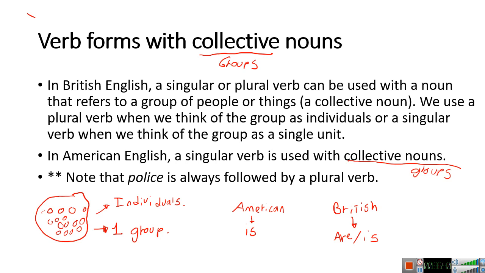Note that police is always followed by a plural verb. That means a plural verb is "are". So police are good, I can say. Police are bad, anything like that, but we need to use a plural verb. This is the plural verb are.